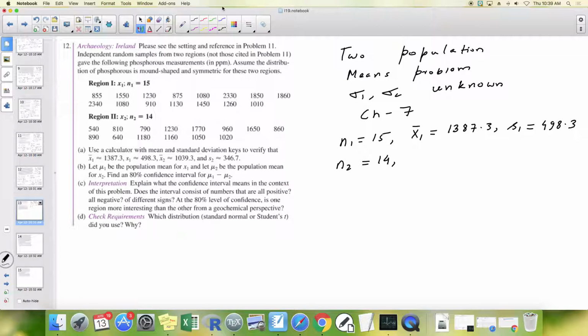It's given here. I'm just copying these things. X2 bar is 1039.3, and S2 equals 346.7.